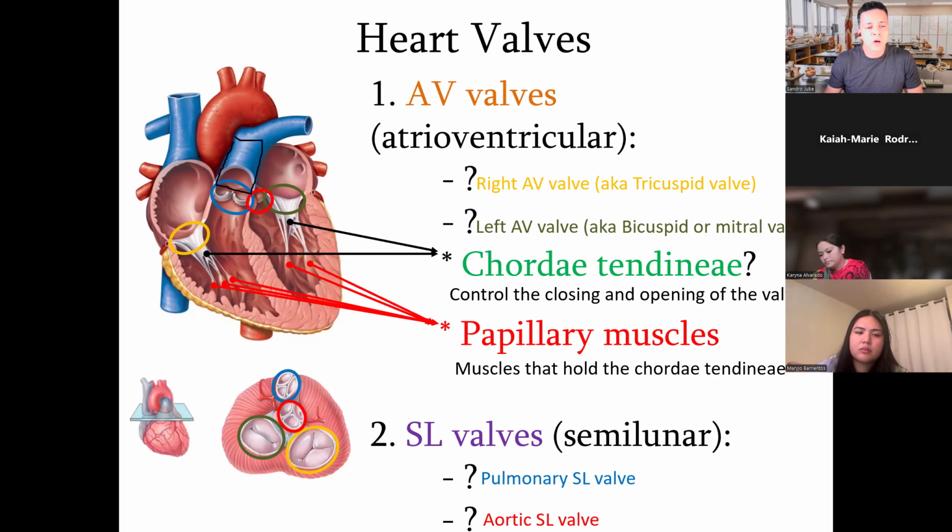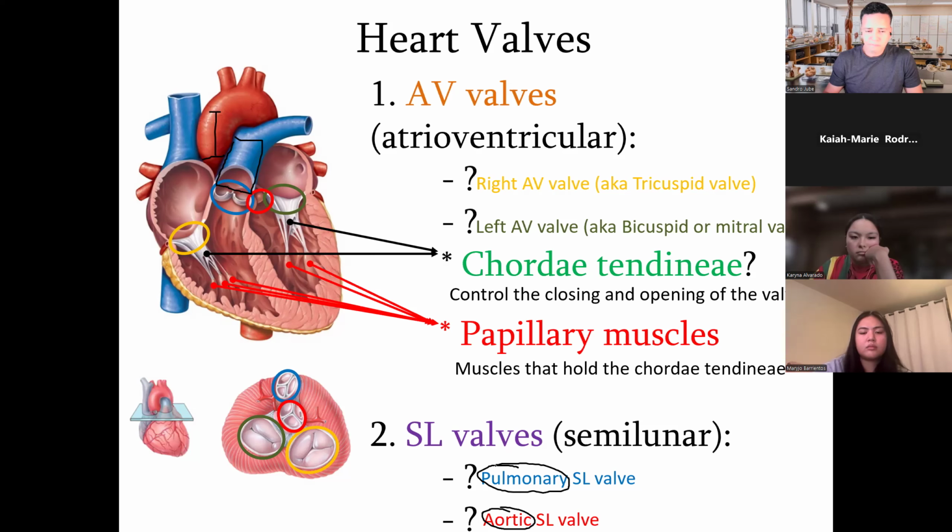This is why it's called pulmonary SL, and it's shown here in blue. The aortic SL, shown in red right here, is going to separate the left ventricle from the ascending aorta. This is why it's called aortic SL valve. Okay? The SL valves do not have a chordae tendineae. Okay?